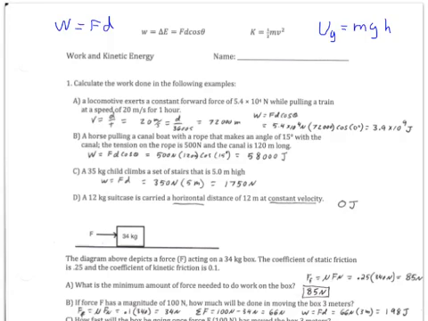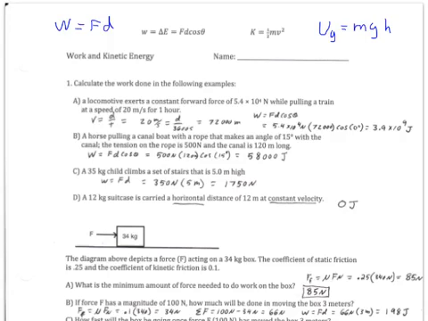So mg is 350 since it's a 35-kilogram child, and we'll assume that g is 10. The child weighs 350 newtons, and is climbing 5 meters high, so we're lifting him 5 meters in the air. That gives us 1,750 joules of gravitational potential energy.